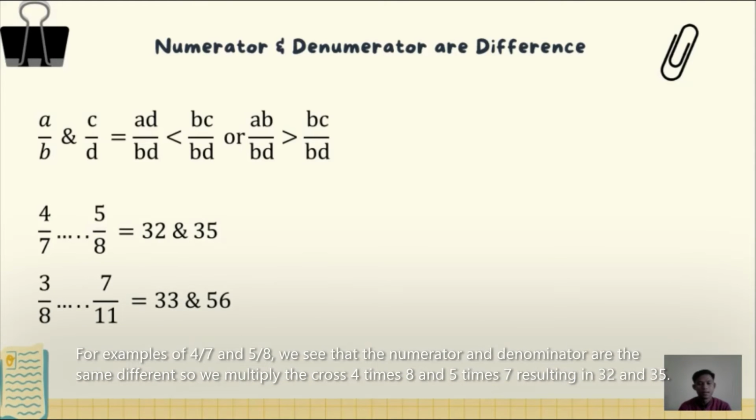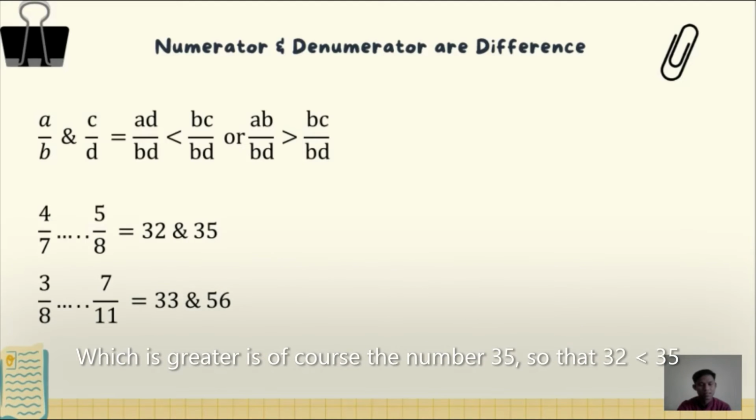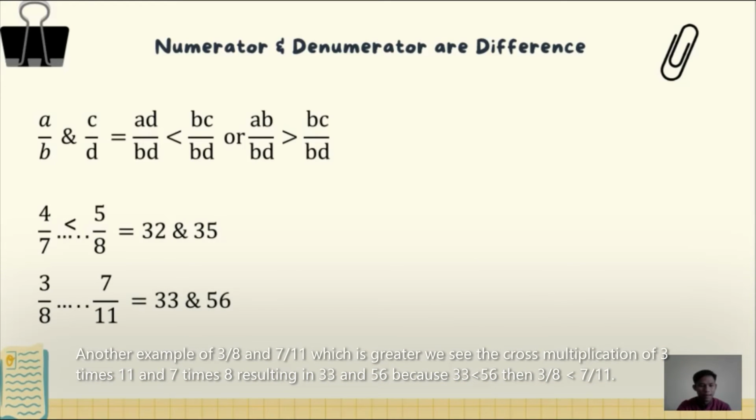For example, 4/7 and 5/8. We see that the numerator and denominator are different. So we cross multiply 4 times 8 and 5 times 7, resulting in 32 and 35. Which is greater? Of course the number 35. So that 32 is less than 35. Then 4/7 is less than 5/8.